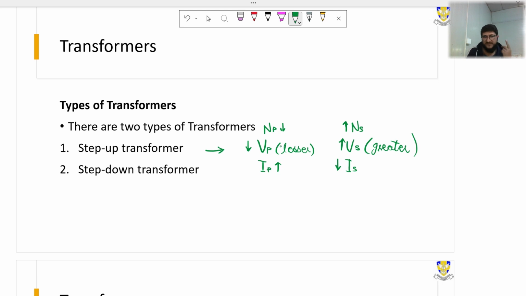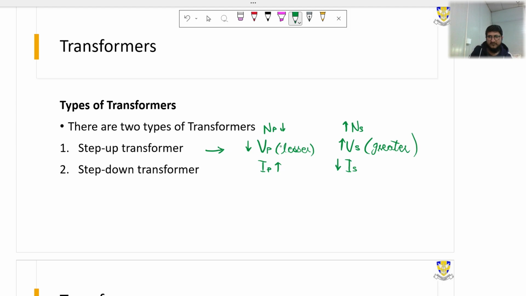Number one, number of turns. Number two, the EMFs. Number three is the current. So the number of turns in the secondary coil is going to be greater than the primary coil. Similarly, EMF in the secondary coil is greater than the EMF in the primary coil, and the amount of current in the secondary coil is less than the amount of current in the primary coil.